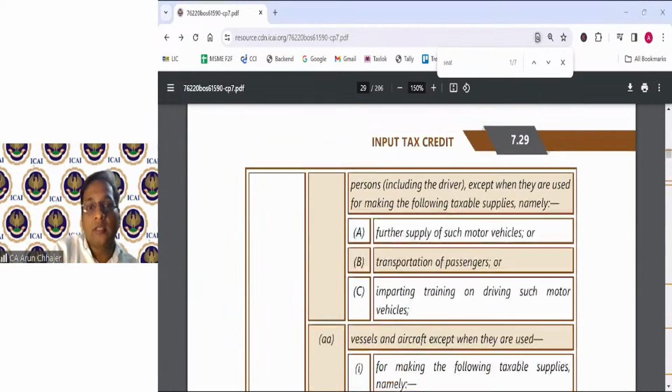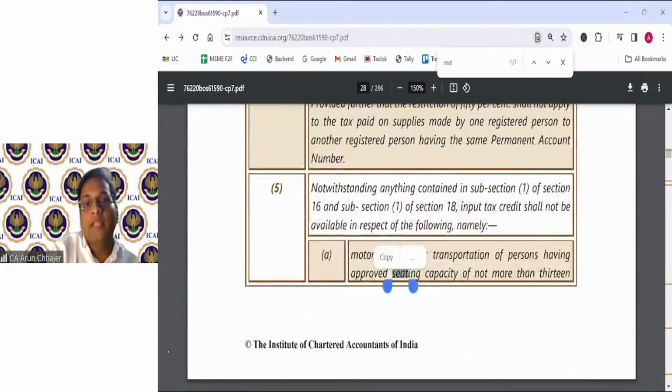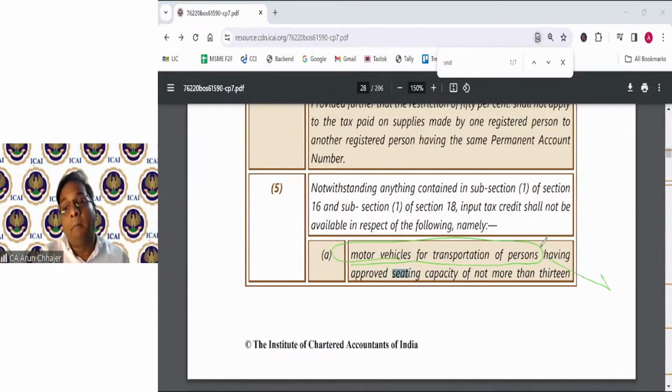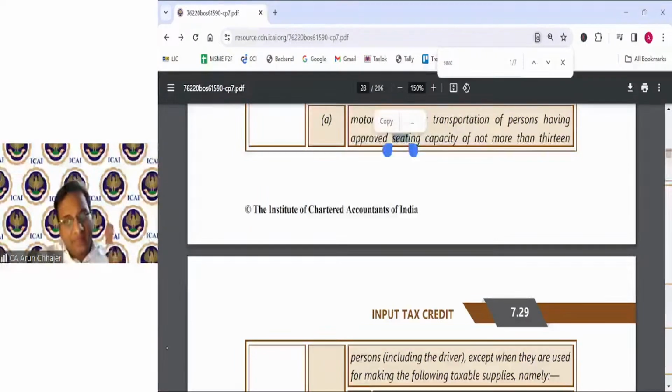Why not in the first clause? Because they are not saying motor vehicle is blocked. They are saying motor vehicle for transportation of persons is blocked. It means by default, if it is for goods, it is not covered. It is not blocked. So therefore, transportation of goods is not added as a separate exception in clause A. Is it clear?